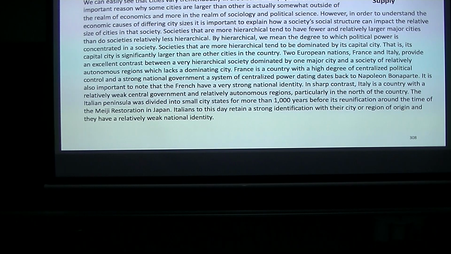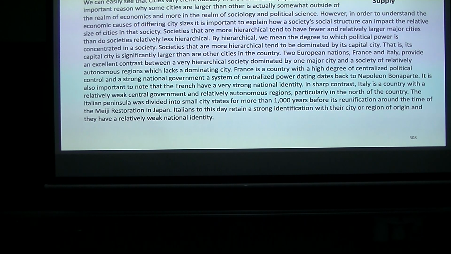So we can easily see that cities vary tremendously in the size of their population. Now, why some cities are larger is more sociology and political science. For example, countries with a lot of central control tend to have capital cities that are large relative to the population. A great example is France.